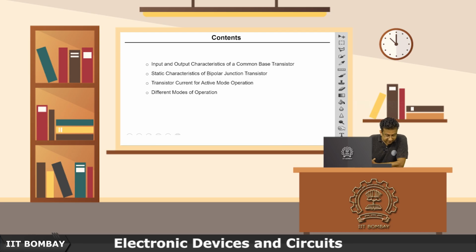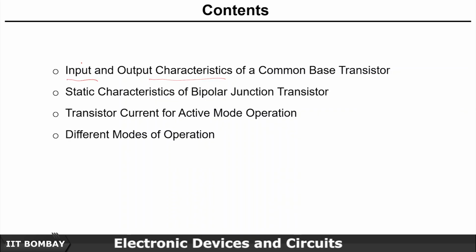So, these are the contents of today's lecture. We will first briefly talk about input and output characteristics of the common base transistor. We were discussing the common base configuration in the previous lecture, so we will take that forward. We will see how current versus voltage behaves in the input junction and in the output junction, which is a reverse bias junction. The input one is forward bias.